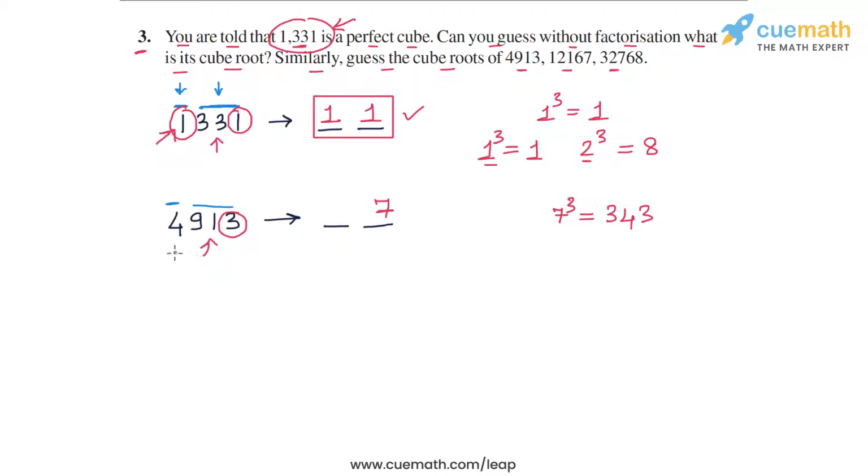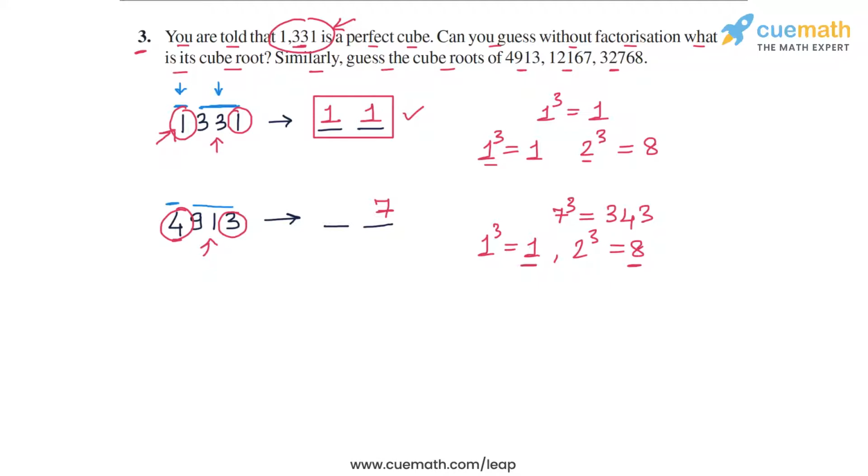Now we have to find the tens digit of the cube root, so we figure out the 2 digits between the cubes of which the number 4 in the second group will lie. Those 2 consecutive digits are 1 and 2, because 1 cube is equal to 1 and 2 cube is equal to 8, and 4 lies between 1 and 8.